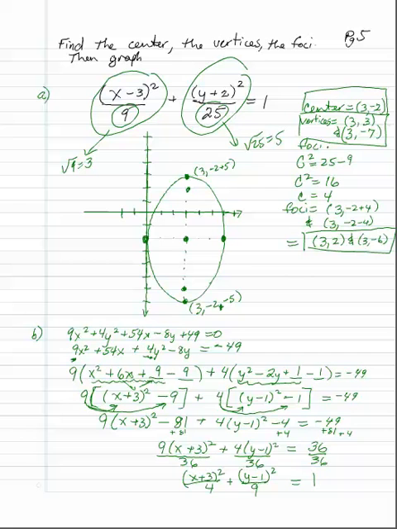Well, first we'll find the center. Okay, so our center is negative 3, 1. And A is, let's see, the major axis is y, so A is 3.